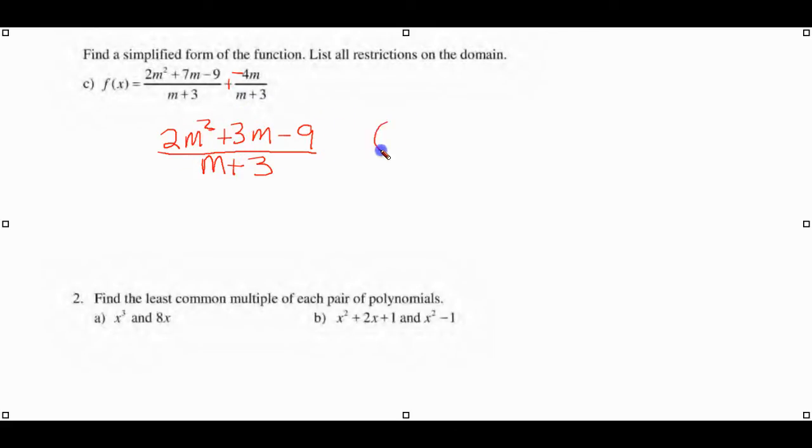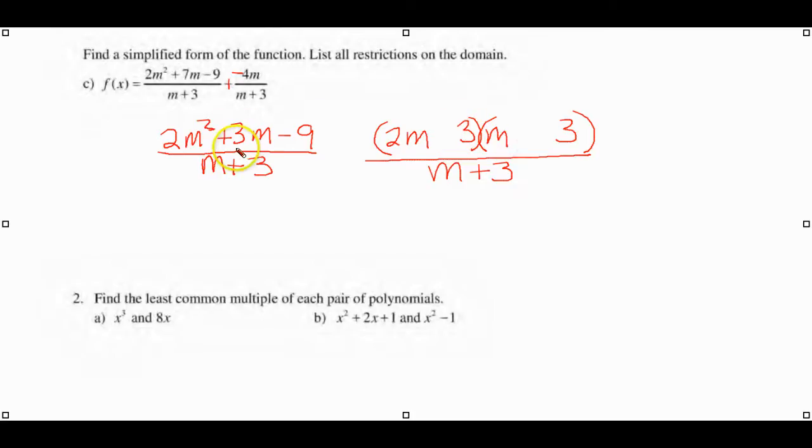Now again, you may not recognize it right away, but you give it a try. And this would be 2m. Now, looking at that, you might say, well, a 9 and a 1 for a middle term, no. So let's try a 3 and a 3. That looks good. Because my outers now is 6, and this would be a 3, and the difference would be 3.